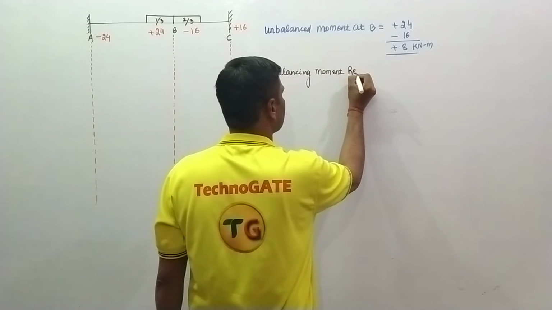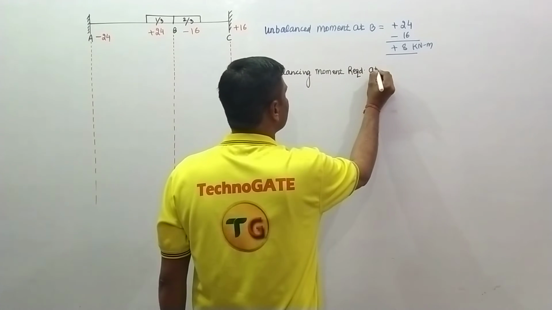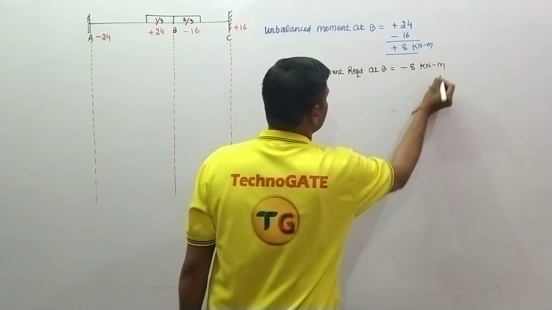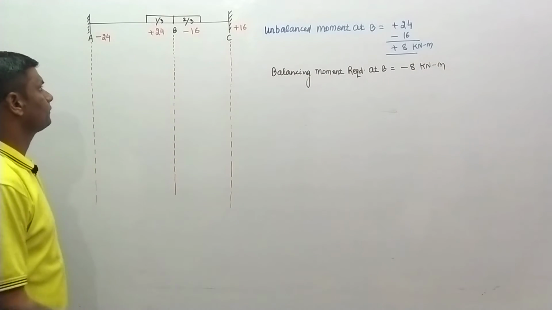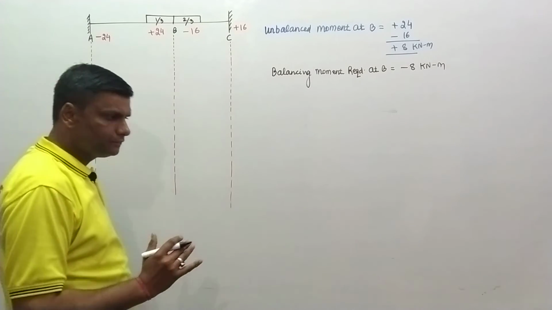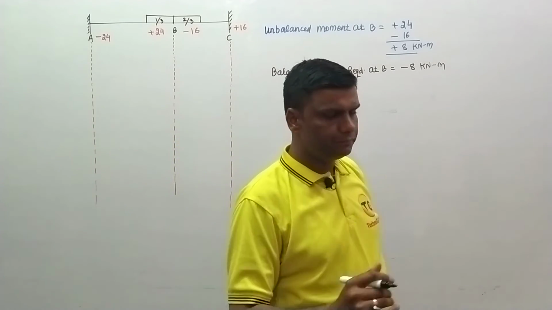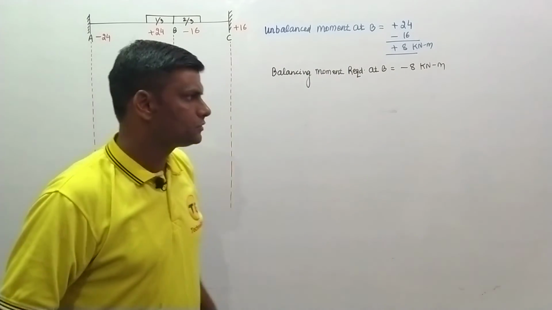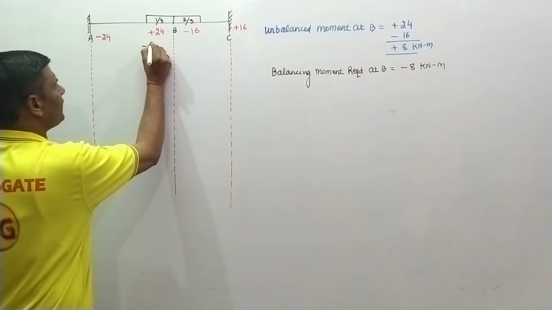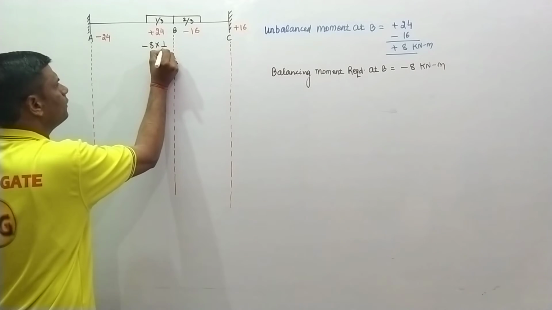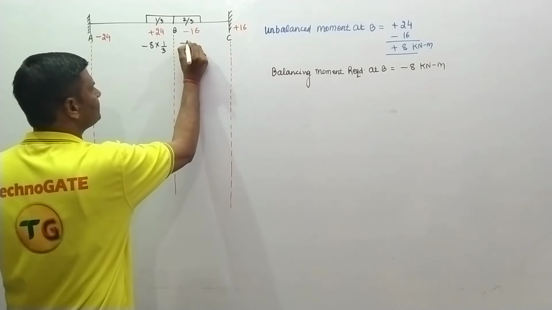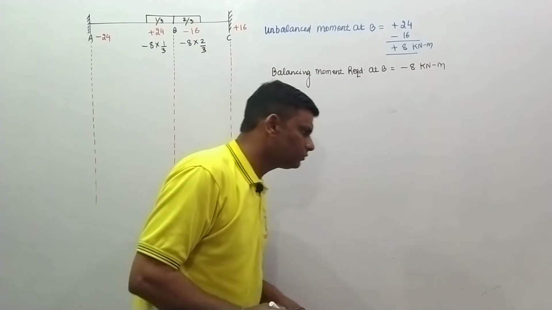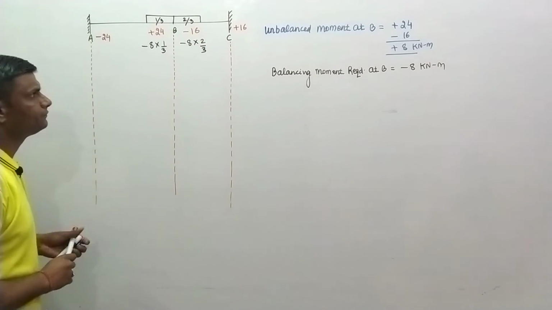The balancing moment required at B is equal to minus 8 kilonewton meter. That minus 8 will get distributed in the proportion of their distribution factors. So this is minus 8 into 1 by 3 and this is minus 8 into 2 by 3. Yes or no? Yes. Okay.